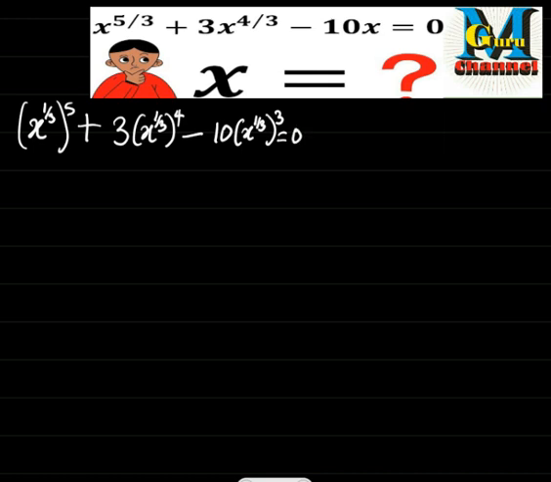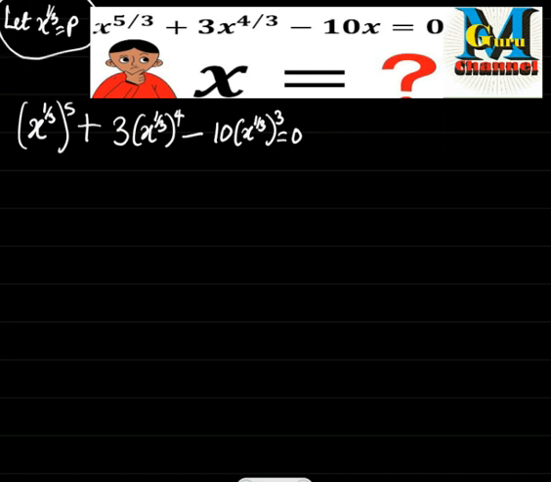At this point, we see that x raised to the power of 1 over 3 is common to all the terms in the expression. So we can simply say, let x raised to the power of 1 over 3 be equal to p.